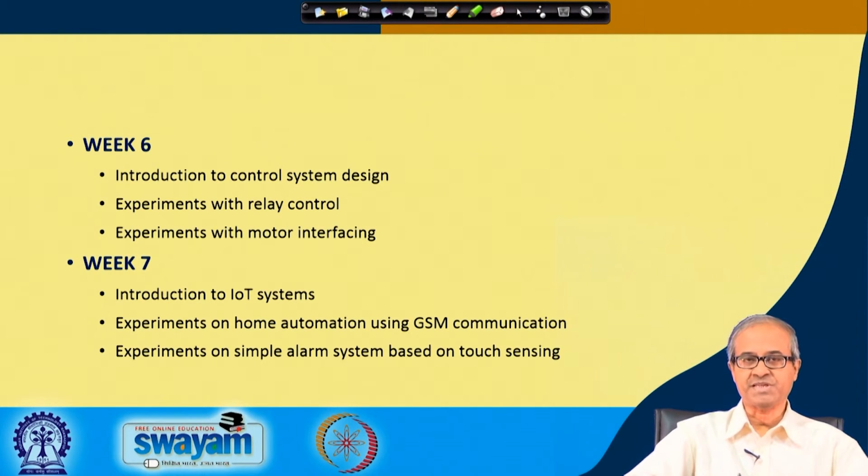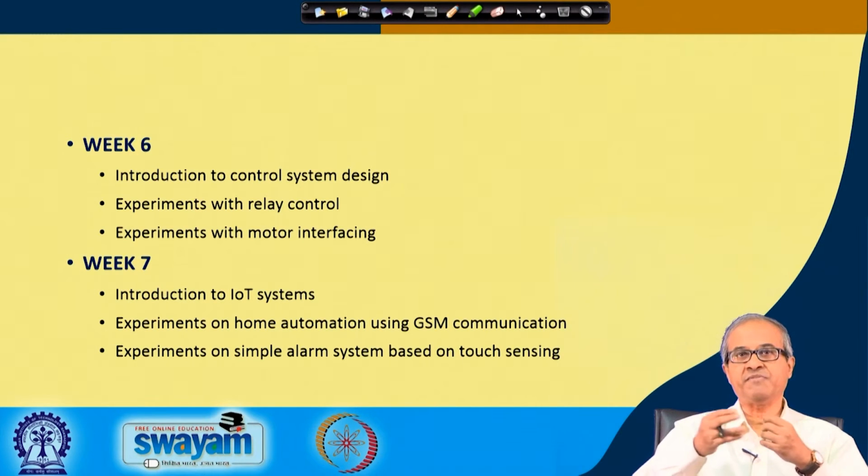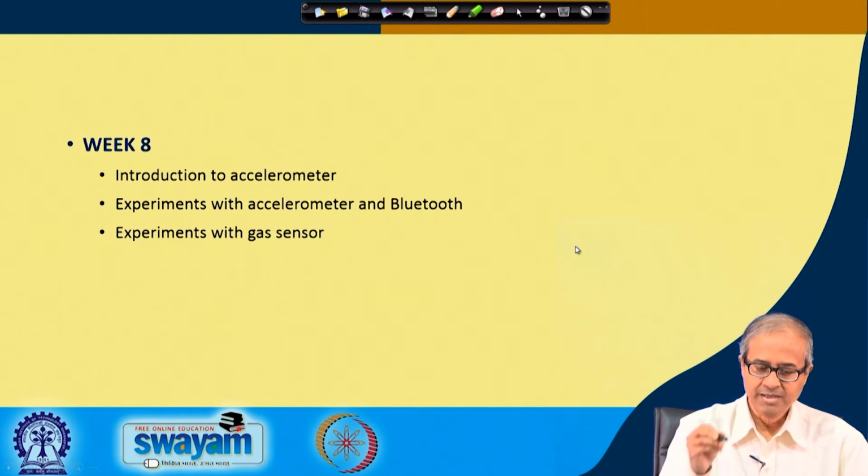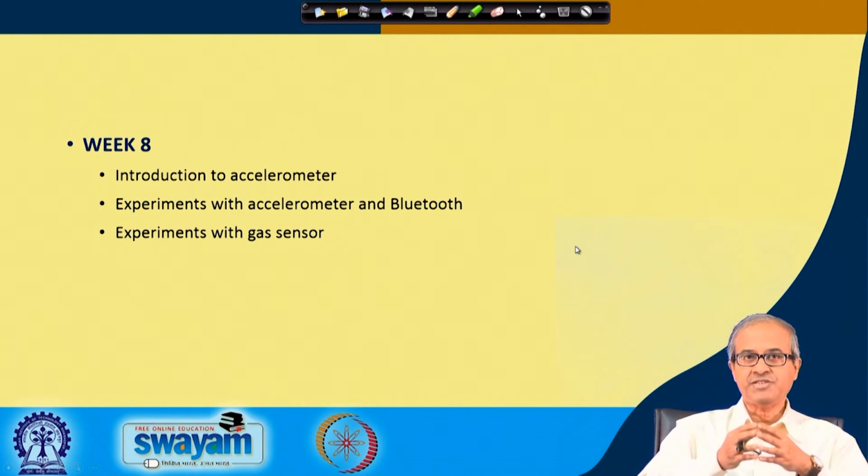Then there were some experiments on home automation. Here we also learnt about various communication techniques, GSM for instance, and we talked about a simple alarm system using touch sensors and so on. And in the last week, we saw how an accelerometer works and what its various applications are.